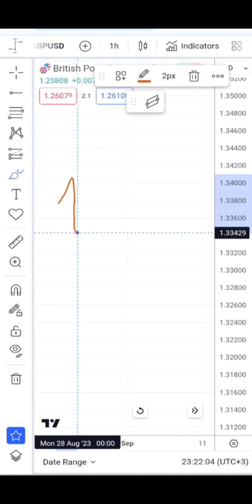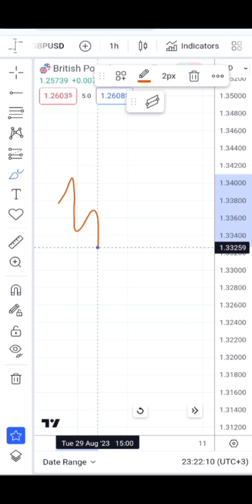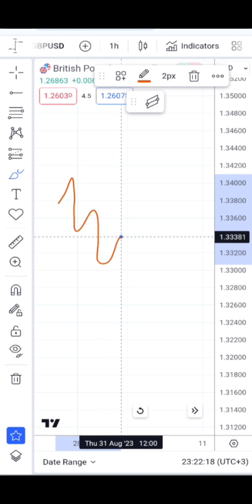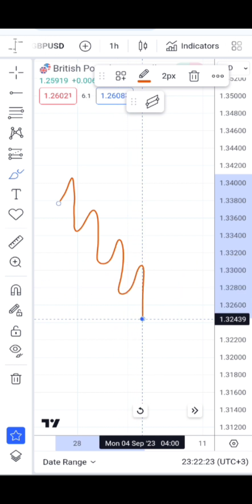And from that low, it creates a high, but that high is lower than the previous high, coming back to break that low to create a new low that's lower than the previous low. So it creates a high, low, high, low in that fashion.